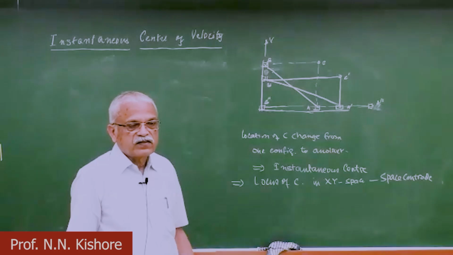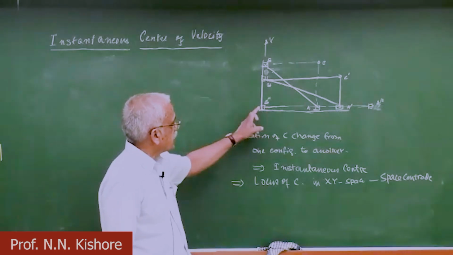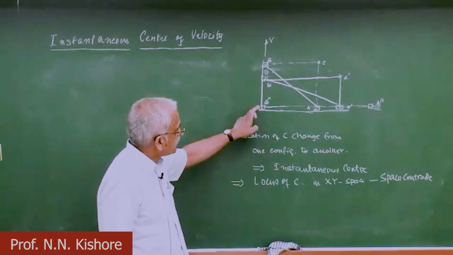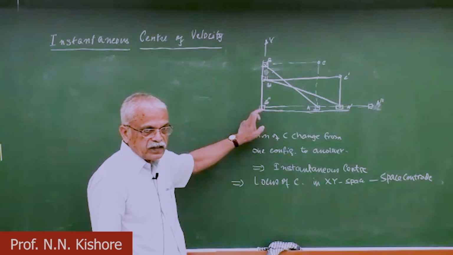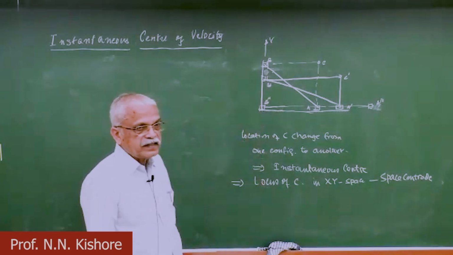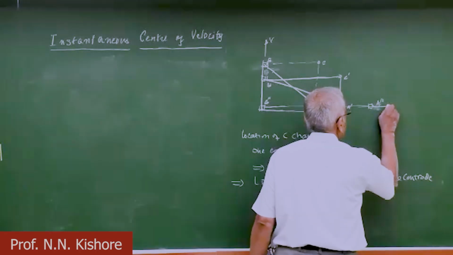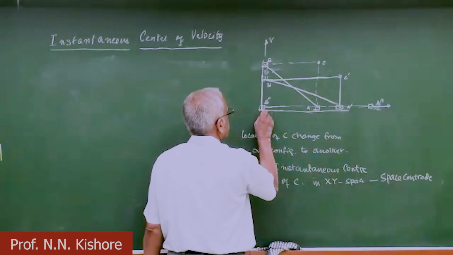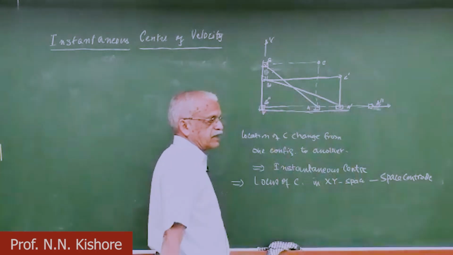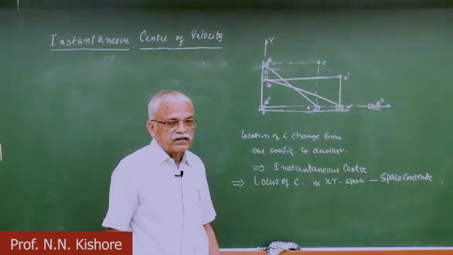Where is the instantaneous center? It is just about to touch the ground. So here A continues to move like this and B continues to move in the vertical direction. So where is the intersection point of these two?